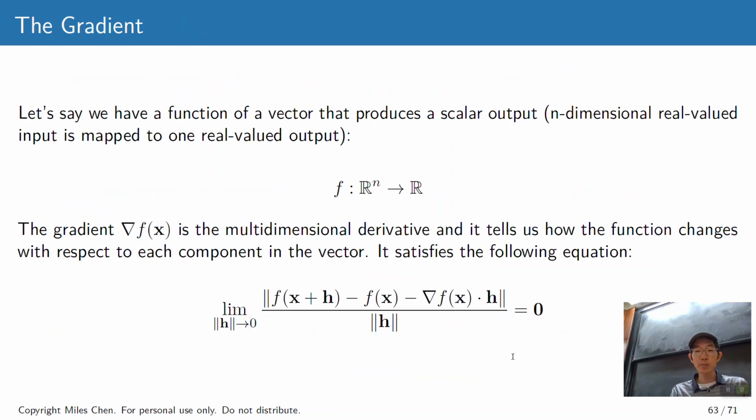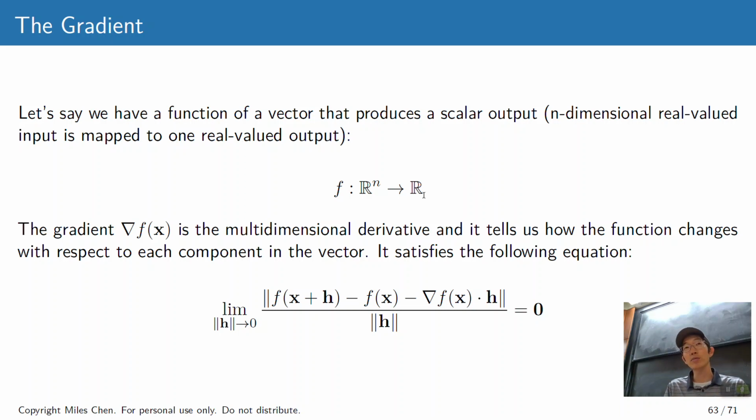Similarly, when we are dealing with vectors, the input is an n-dimensional vector, n values, so we have n-dimensional real space. We're going from multiple values going into the function, and the output is just a single scalar output.